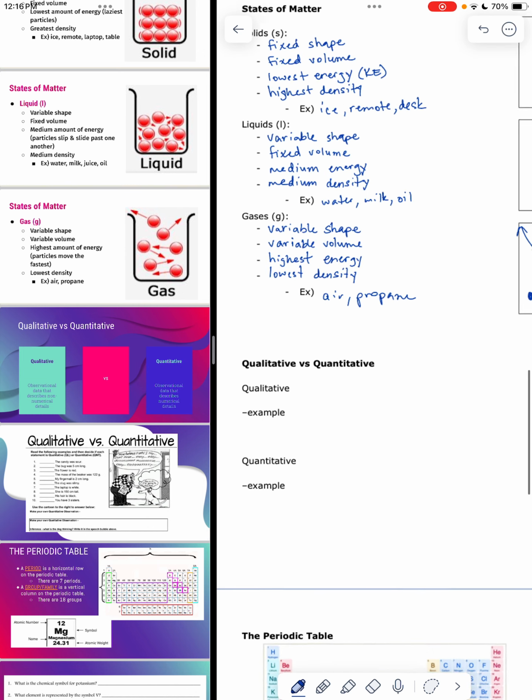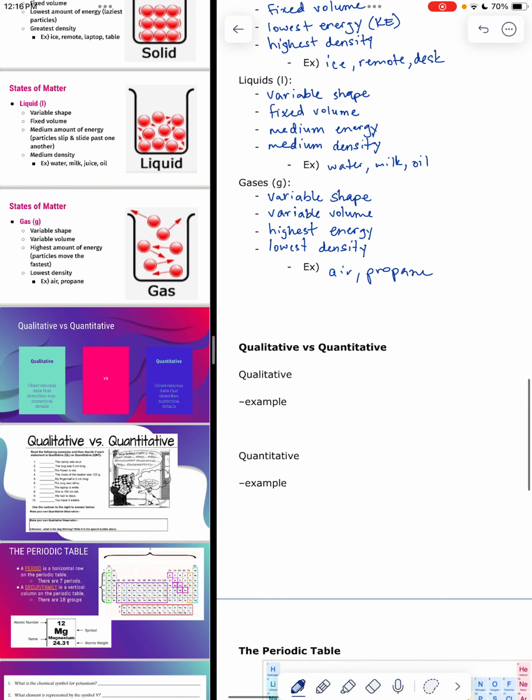Qualitative versus quantitative. This is just really nice to know as a scientist in general. Qualitative comes from the word quality. So we're talking about observations of characteristics.